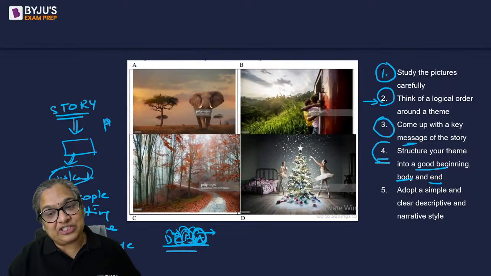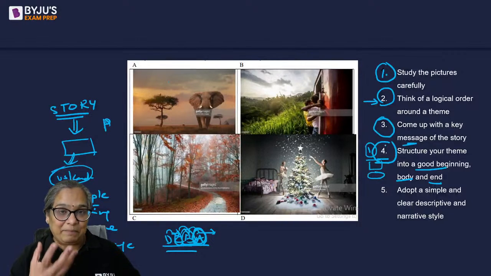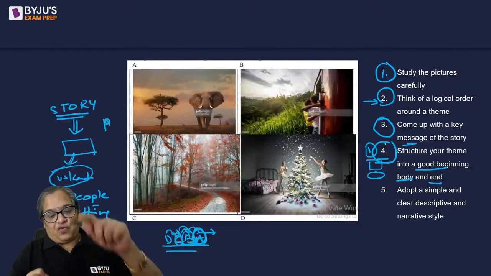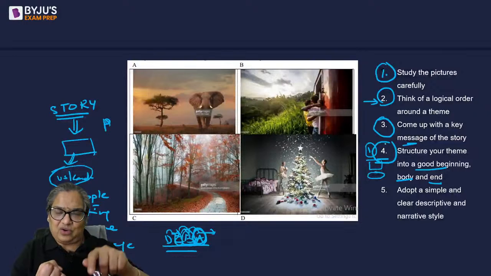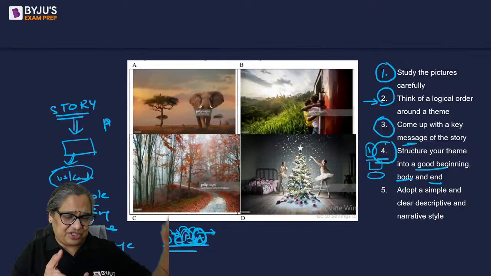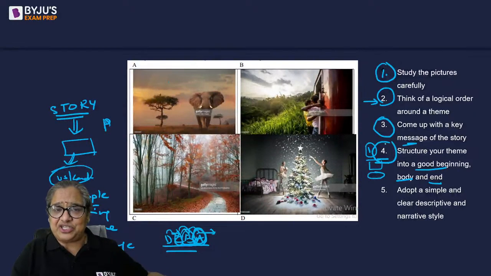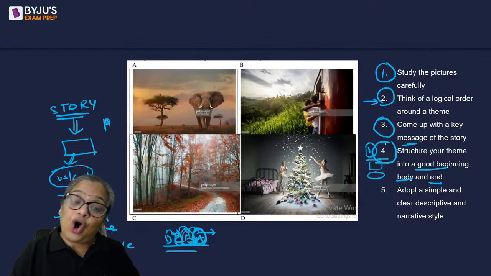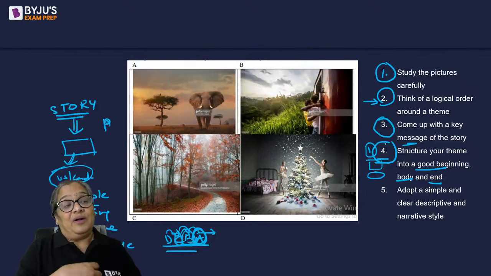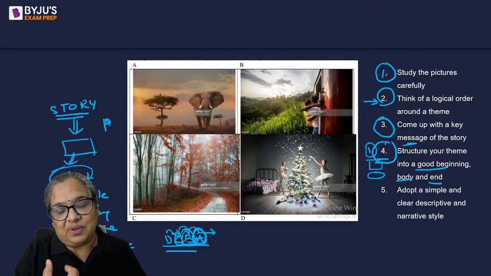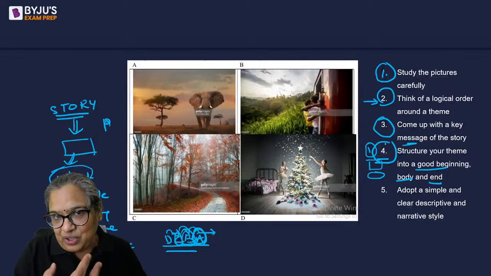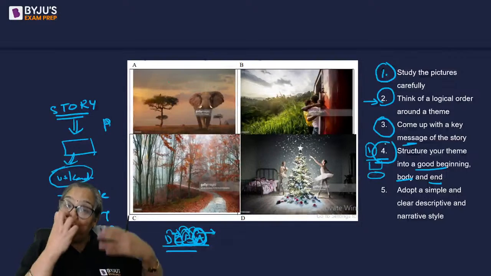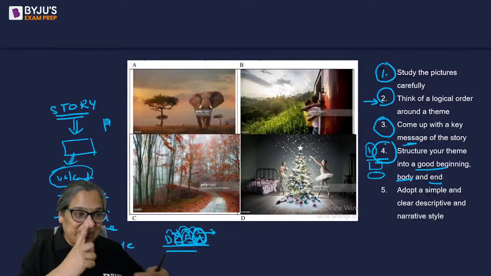So structure it into a good intro. This is what I'm going to say at my intro, this is what I'm going to say then, this is how I'm going to end my story. Make sure the story has a clear message. Here we're talking of conservation of the planet, or animal rights, or protection of the African elephant and endangered animals, or the human desire to improve their lot, to become better, to lead a better life.